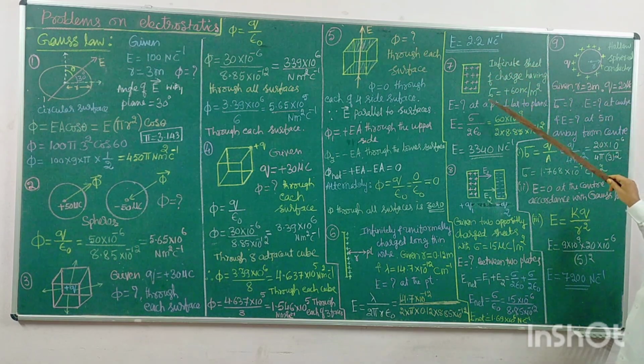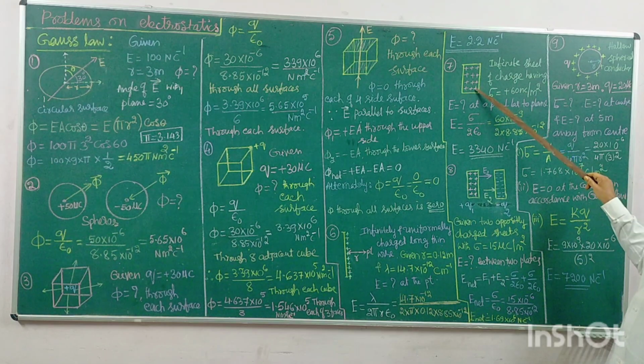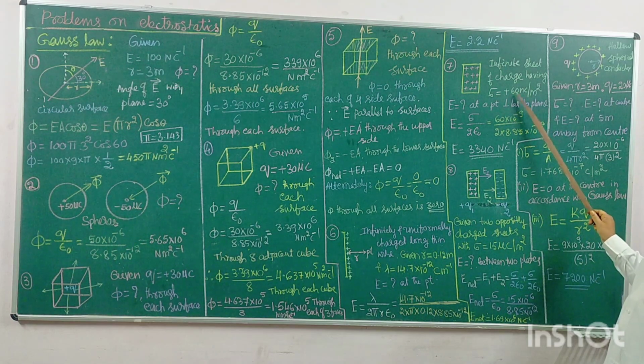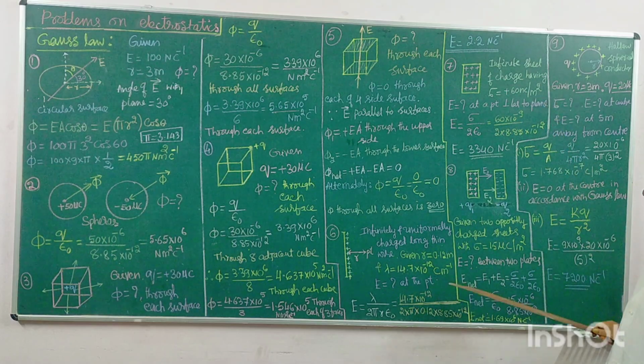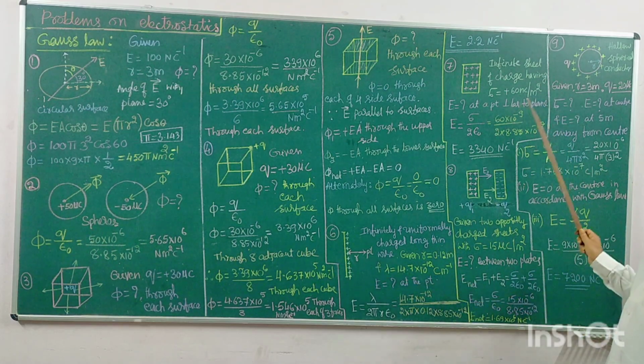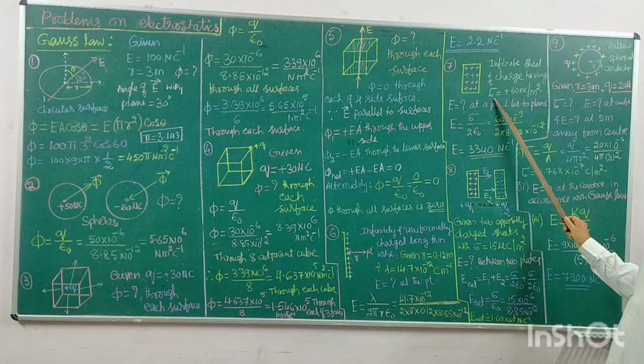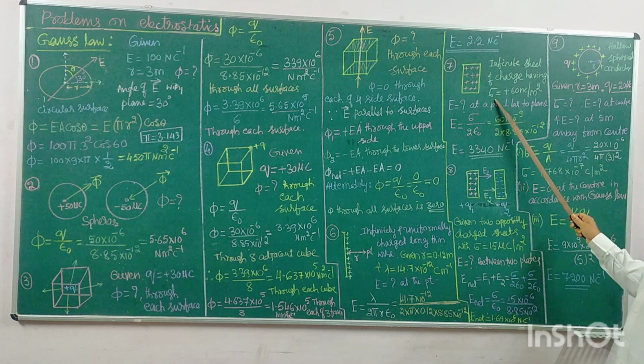The surface charge density is given in the problem. It is plus 60 nanocoulomb per square meter. Here it is per square meter area, the surface charge density. That is sigma.